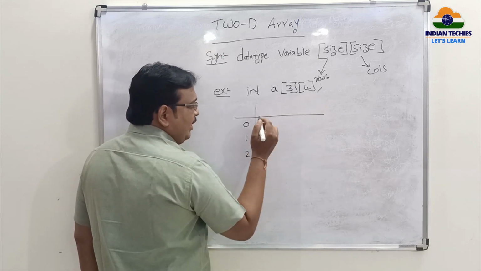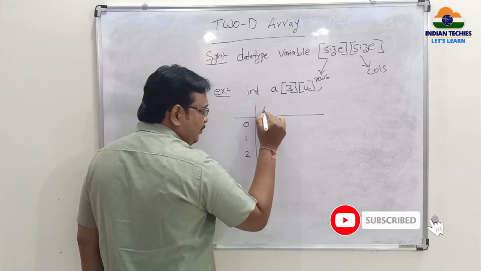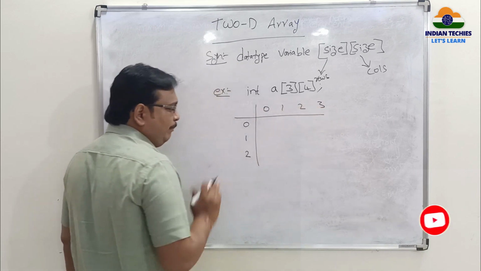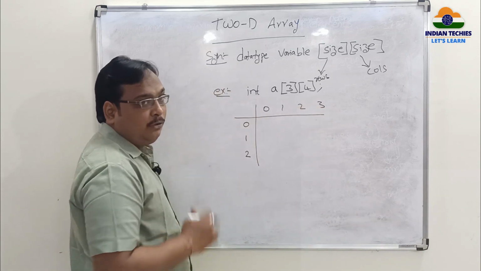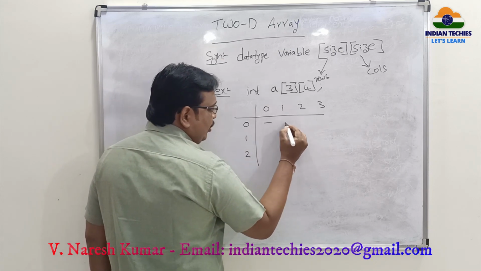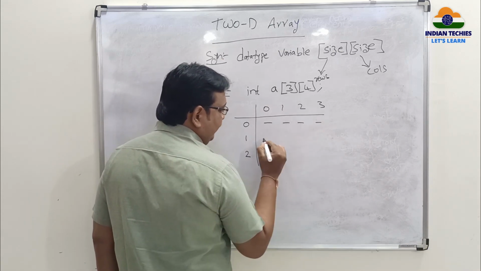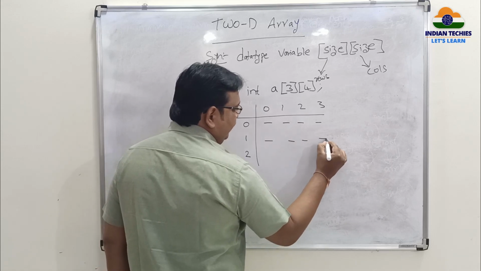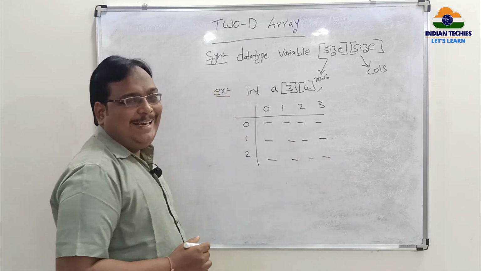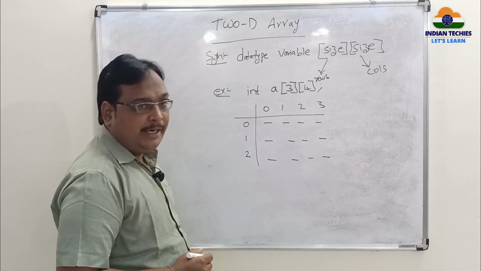In the same way, how many columns? 4, so again it starts from 0, 1, 2, 3. Total 4, starting from 0. Each intersection of a row and a column can be called one single value. Like this, memory for 12 integer variables will be allocated.